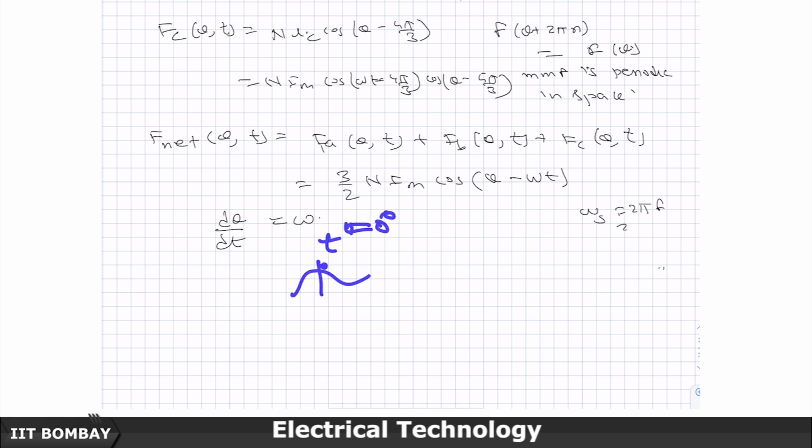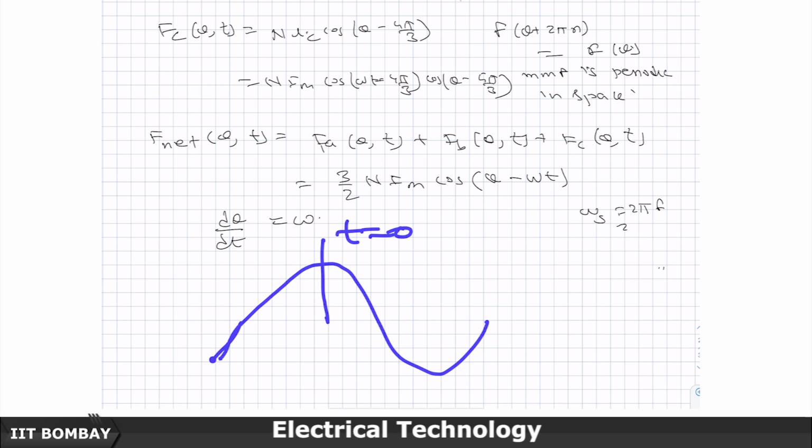In space this is distributed: t equal to 0 I have fixed here, but cos of theta will give me a space distribution like this, the way I have shown it here. So time is fixed, but it is sinusoidally distributed in space.